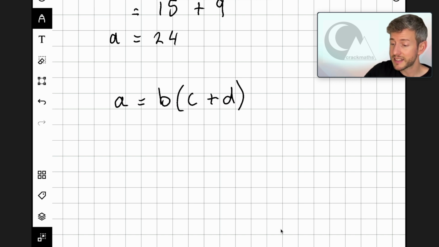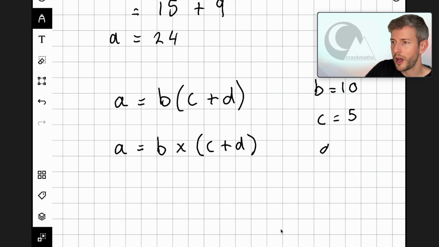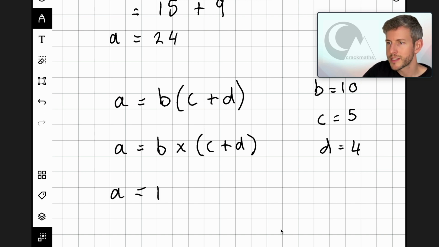So this actually means A equals B times the result of C plus D. So let's think of some values for B, C and D. Let's go for B equals 10, C equals 5, and D equals 4. So A equals 10 times 5 plus 4.